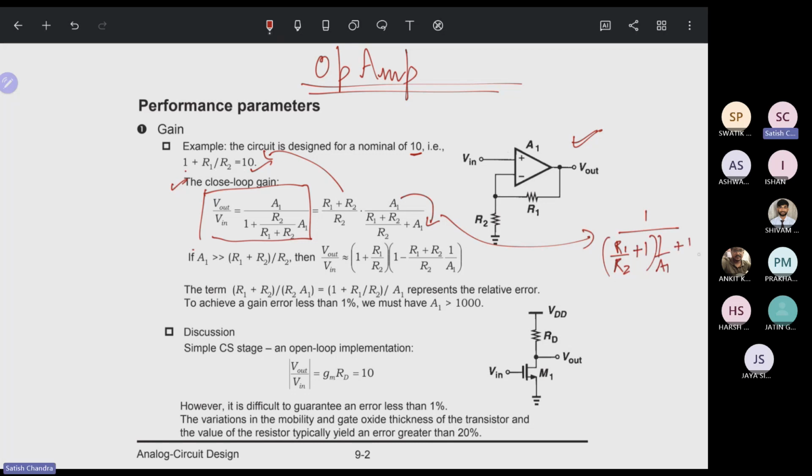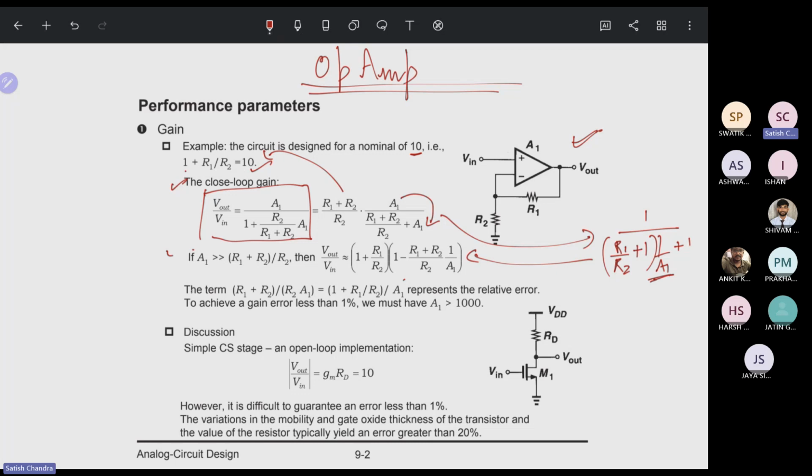By the Bernoulli approximation we can write this part this way. The Bernoulli approximation only holds when A1 is very high, so we have represented it in this one.